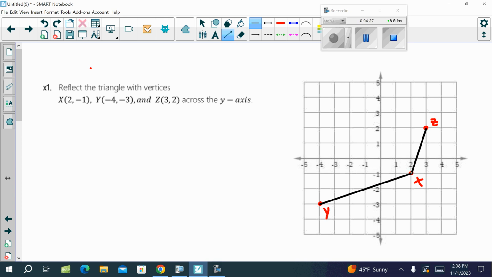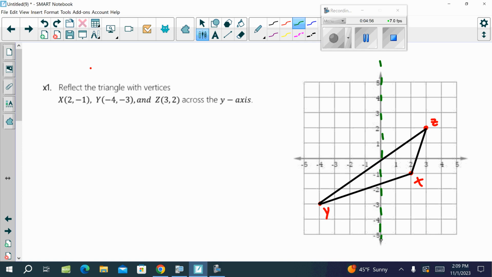I would like nice clean lines. Okay, we are reflecting across the y-axis. So there's our line of reflection, the dotted.